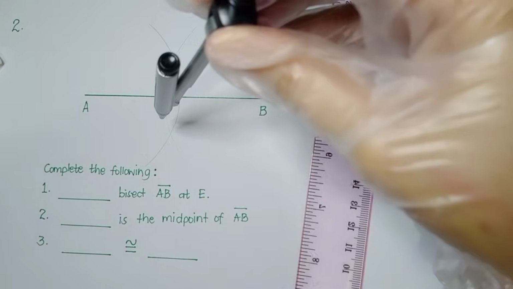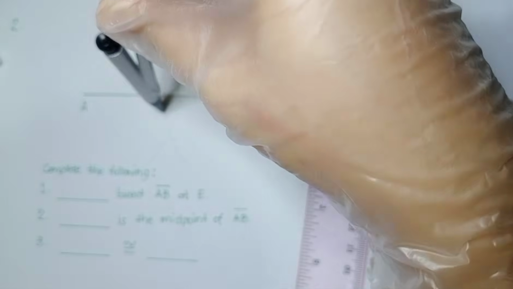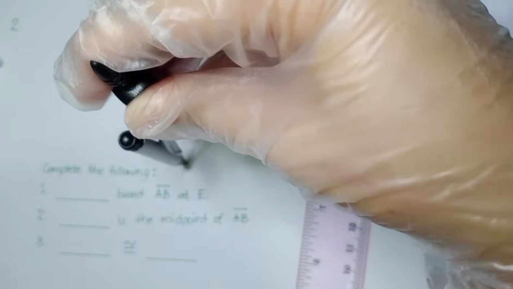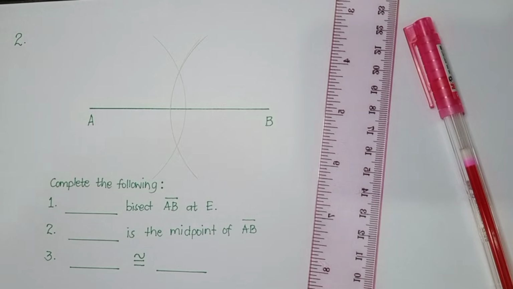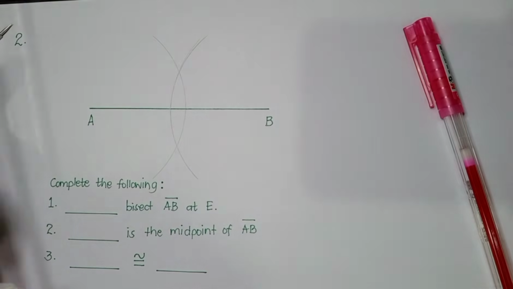Okay, ulitin natin. Para makita lang ninyo yung line. Okay, so, meron na po tayong dalawang arcs. Now, ano po ang gagawin natin dito? Iko-connect po natin yung dalawang intersection.